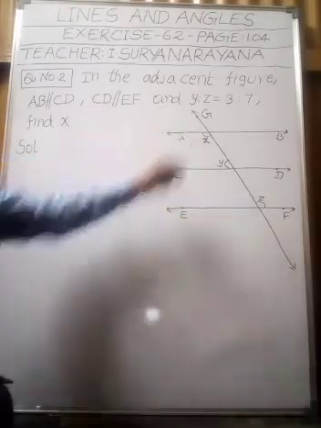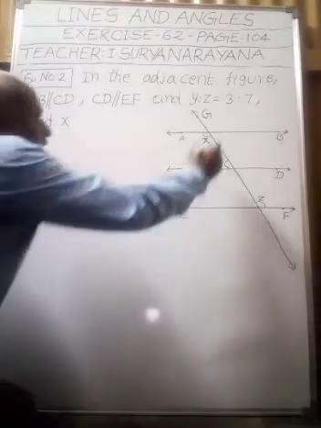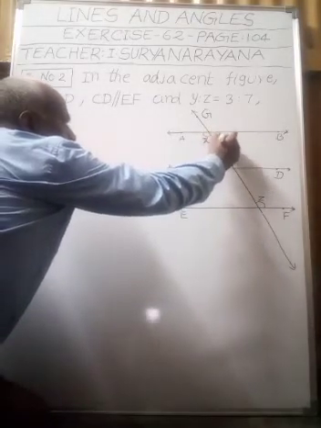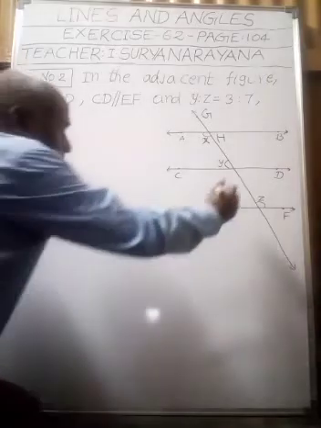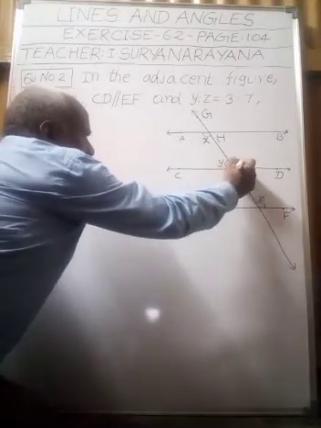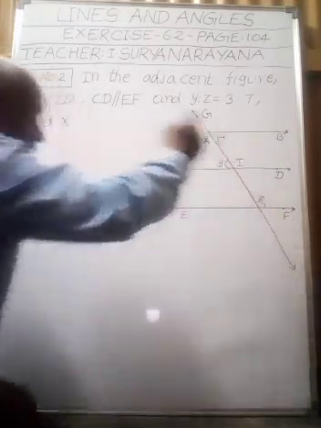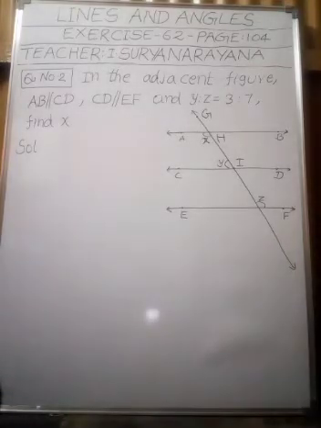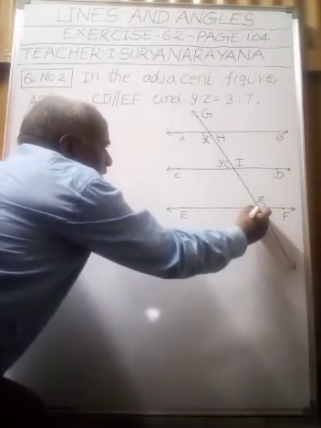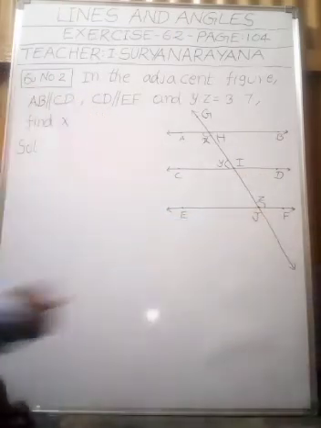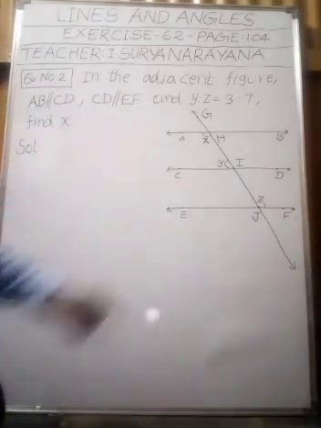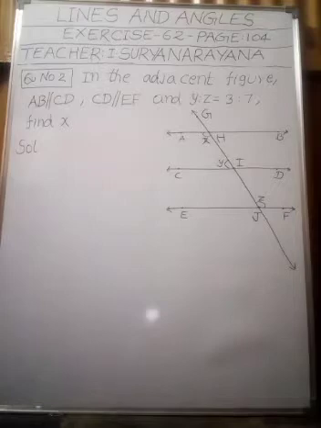Let us take here G, here H, here I, here J. On this transversal, I have taken 4 points.